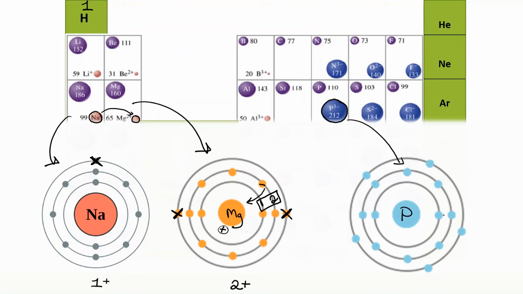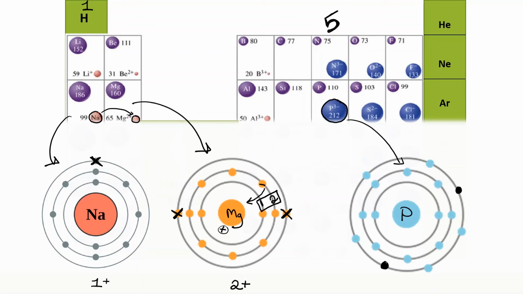let's think about the ion that it wants to make. It's not going to want to lose electrons. It has 5 valence electrons. It is easier for phosphorus to instead grab 3 more electrons. Remember, these are going to form the ions.